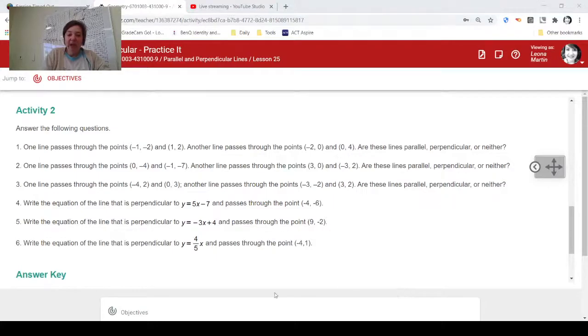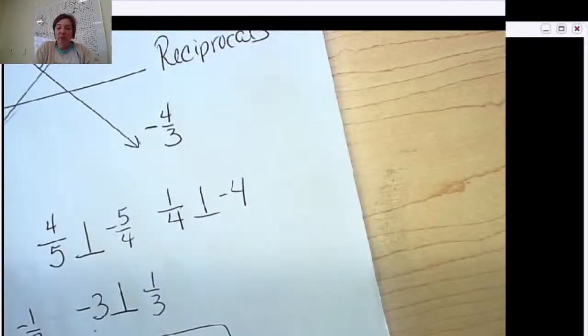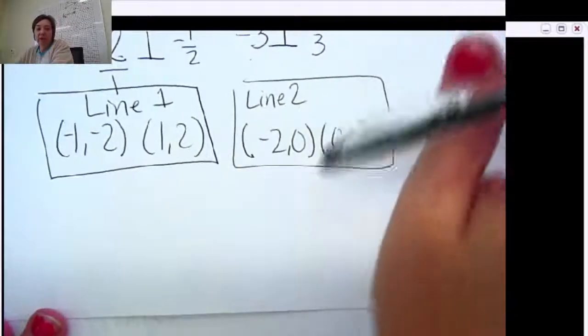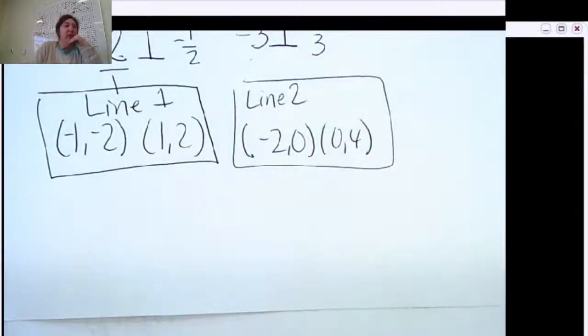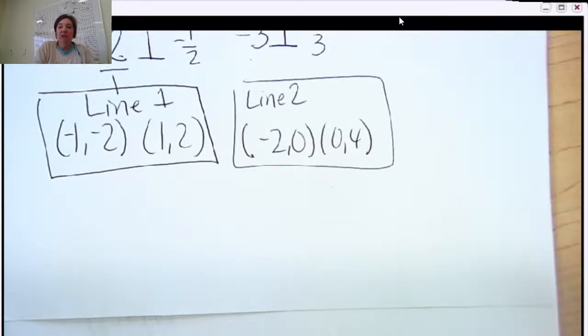What would you have to do to determine if these were parallel, perpendicular, or neither? What information do we need to know? We've got to know their slopes.